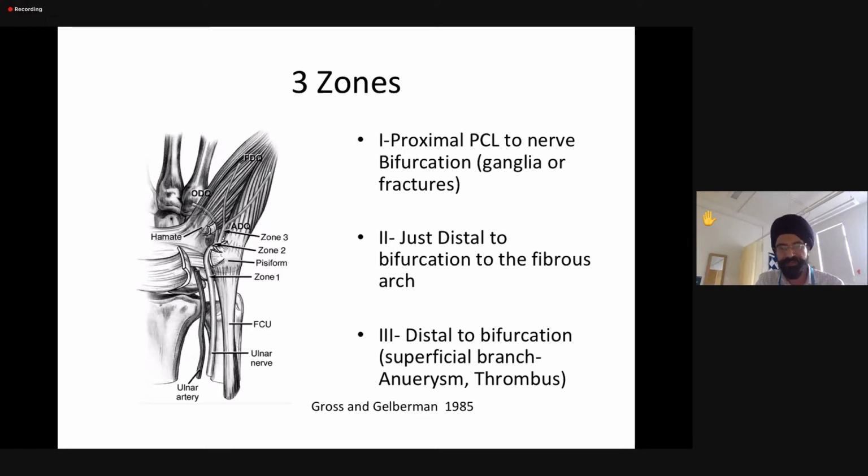Zone 2 is just distal to the bifurcation up to the fibrous arch, and that is where the motor branch can get compressed with, again, ganglions, hook of the hamate fractures, or other pathology. Zone 3 is distal to the bifurcation, the superficial branch, which is the sensory branch. It gets affected if there is an aneurysm of the artery or a thrombus.